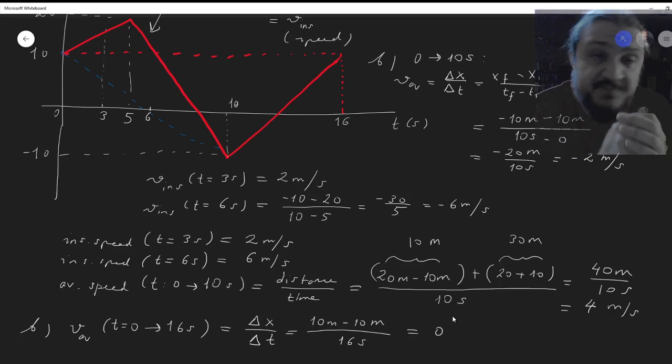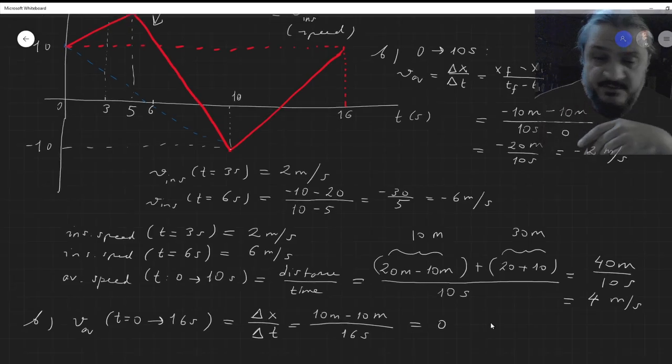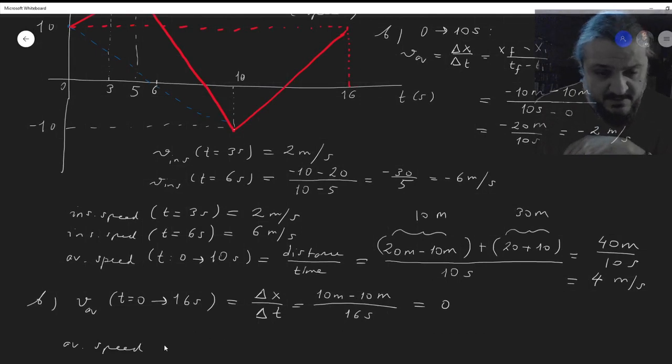Is the average speed 0? No, it's never 0. How do you find average speed? You just have to add one more term. Average speed: we already know 10 meters in one direction, and then 30 meters in the opposite direction.